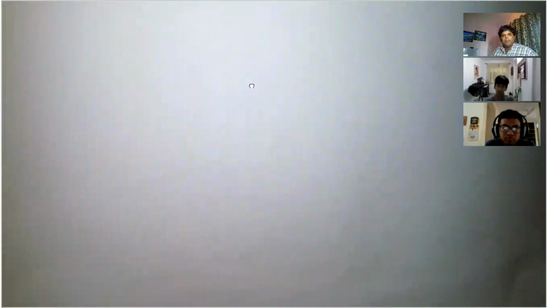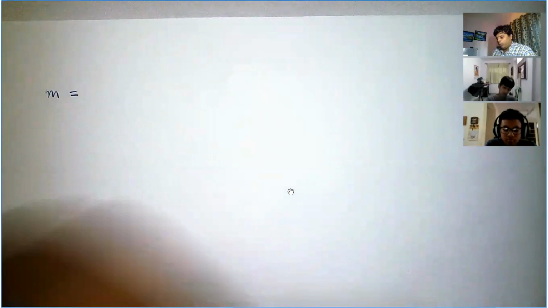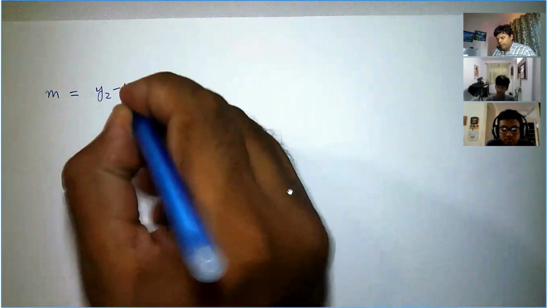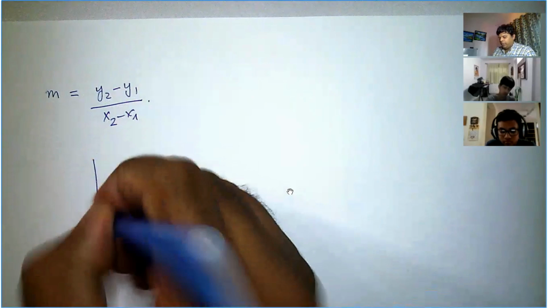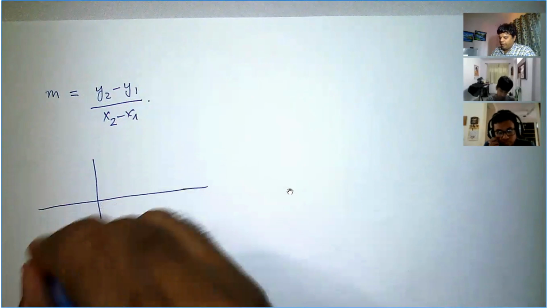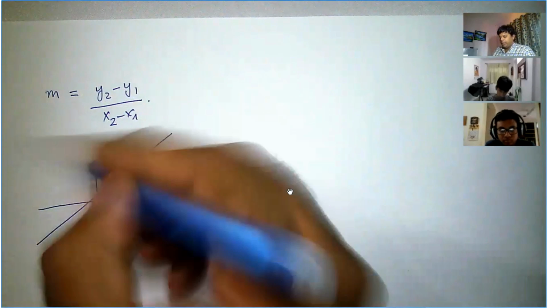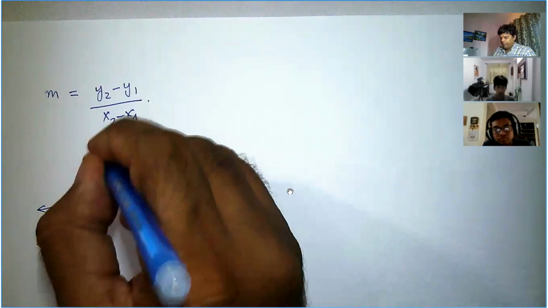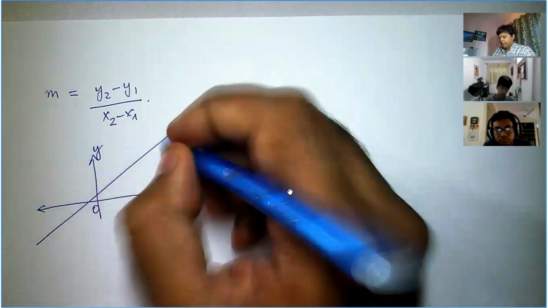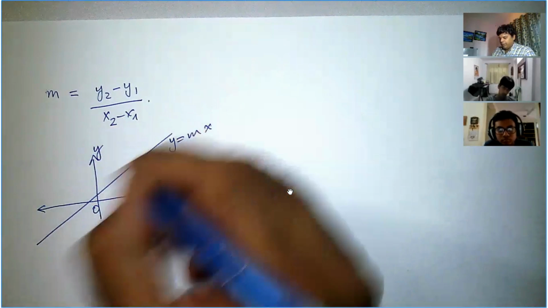So now I have m equals y2 minus y1 divided by x2 minus x1. Suppose I have a straight line like this. Here is the origin, so suppose this is y equals mx.